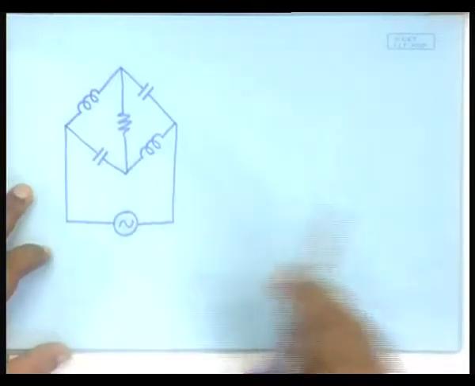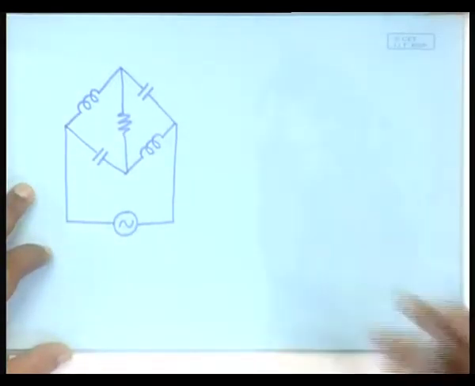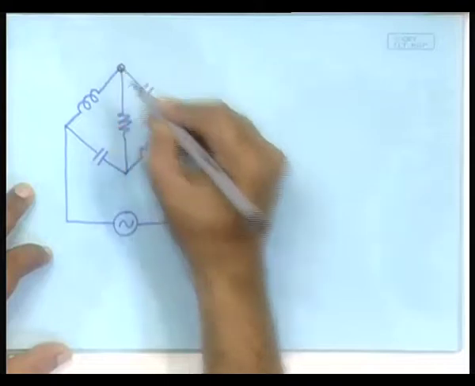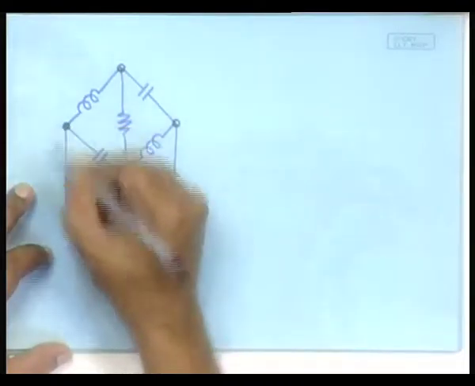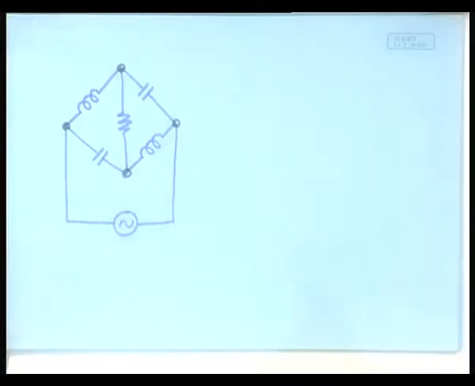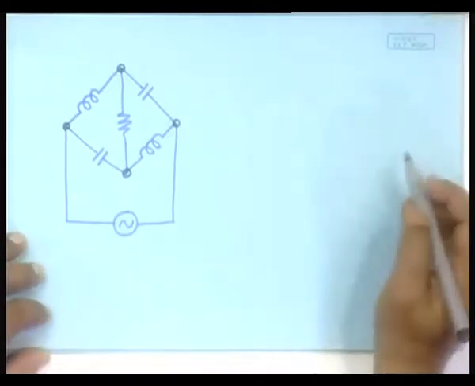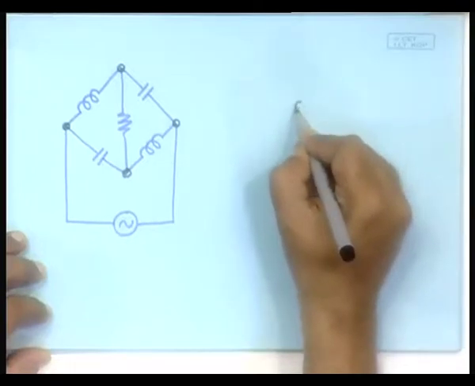So, we can identify in this circuit at least a few nodes. This will be a node, this will be a node, this will be a node, and this will be a node. So, these are the 4 nodes, which we will designate by 0.